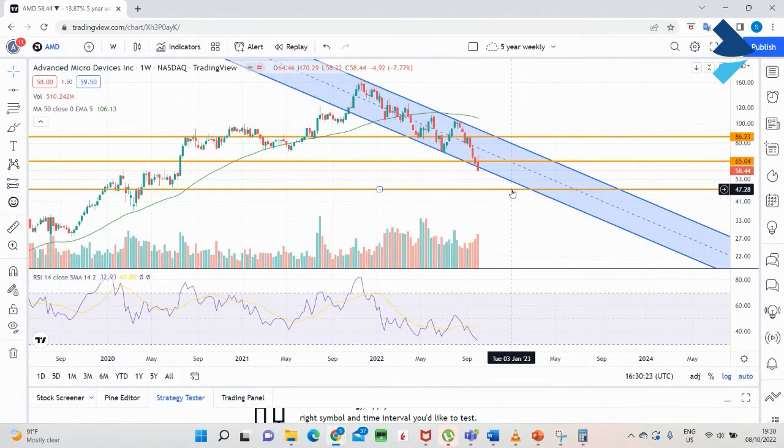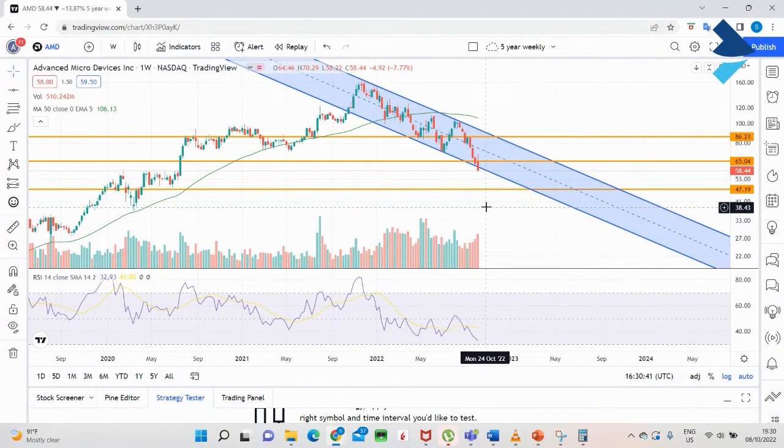In my opinion, I would personally look at it. Obviously, again, to reiterate, this is not investment advice. I do not hold any stock or have any ownership in this company.